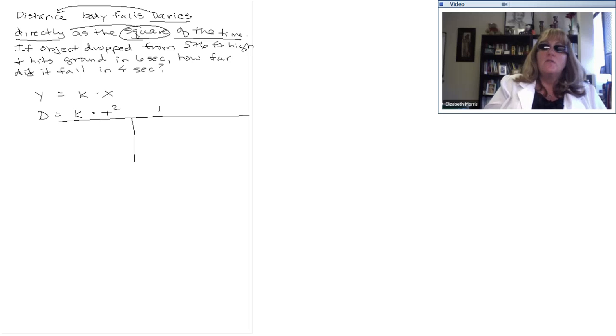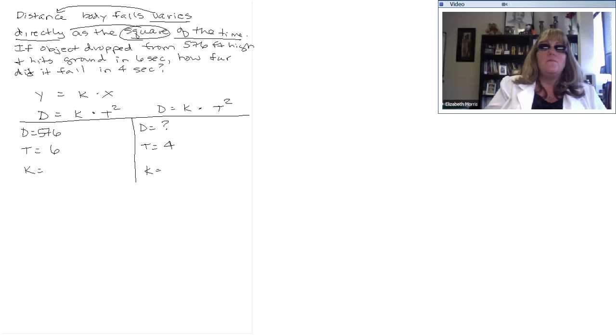So distance equals k times t squared. Now, I need a d, I need a t, I need a k. What do they tell us first? If an object is dropped 576 feet, it hits the ground in 6 seconds, how far did it fall in 4 seconds?